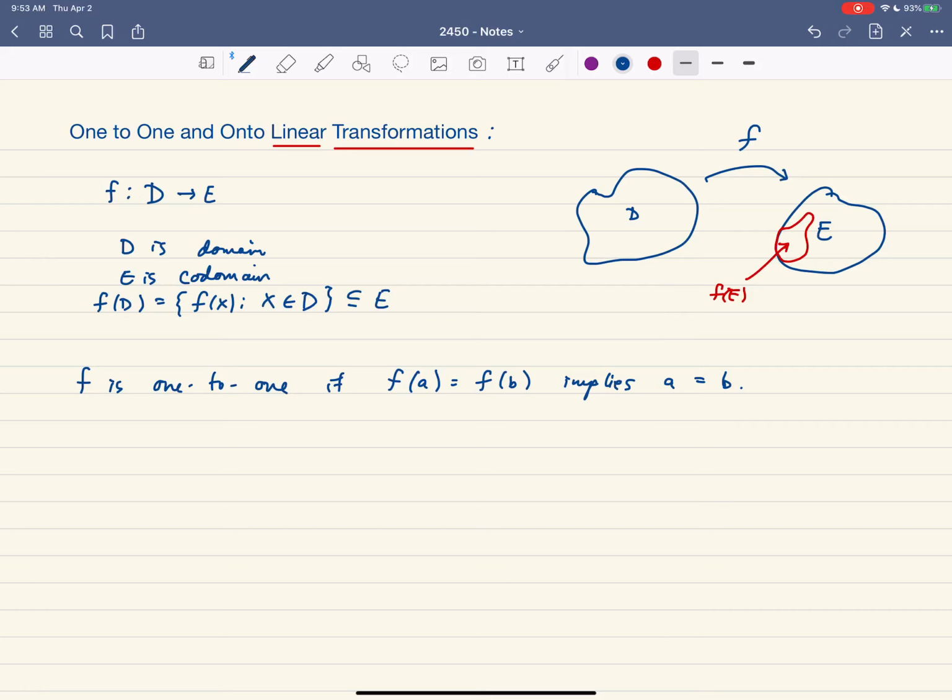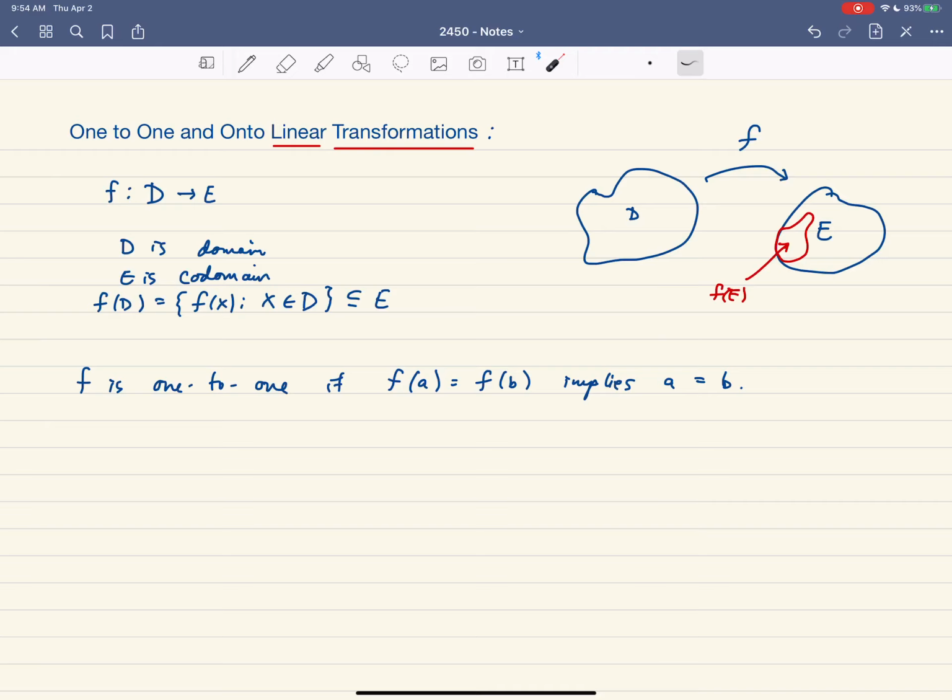Of course, the other way around is always true for a function. If a is equal to b, then f of a is equal to f of b. In fact, that's the definition of a function, that if you plug in the same value in the function, you're going to get out the same value. But being one-to-one is the other way.